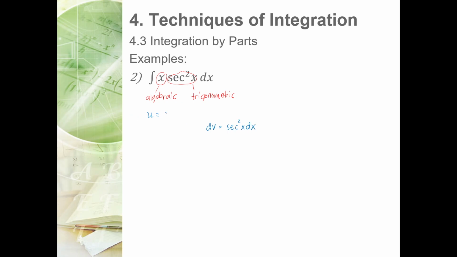And then your u should be x only. Okay, so deriving u, you have du is equal to dx. And then integrating dv, the integral of secant squared x is just tangent x.